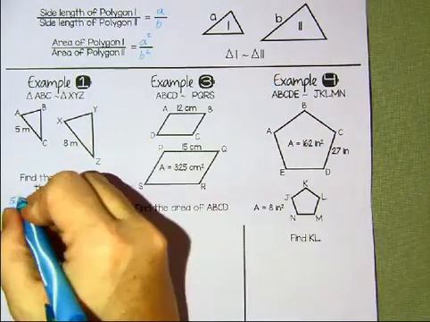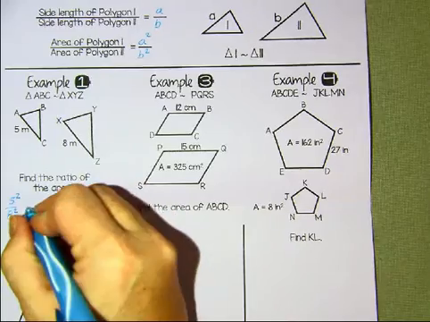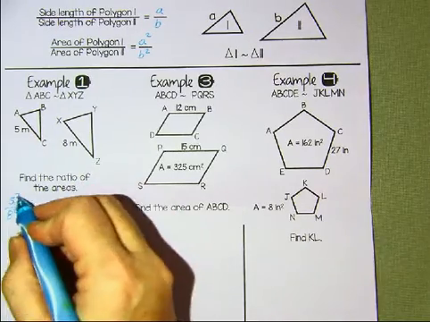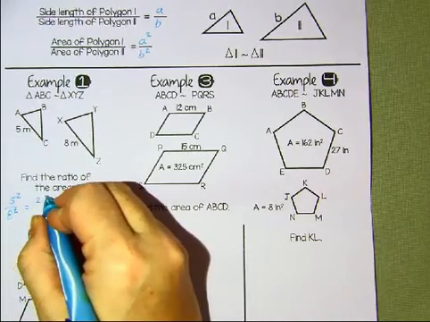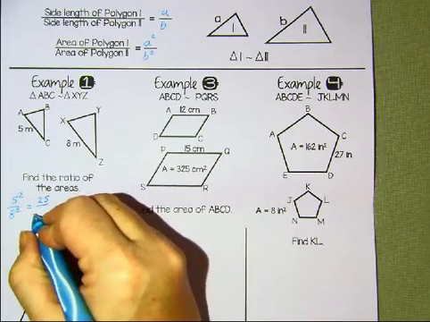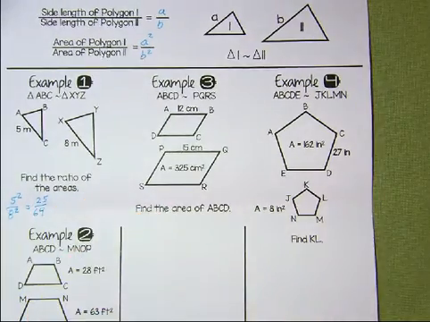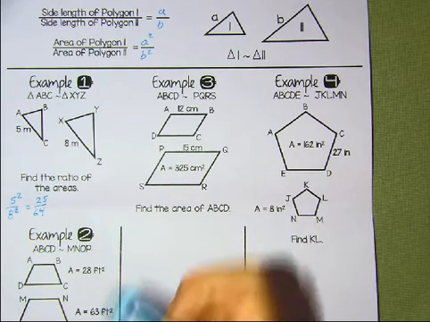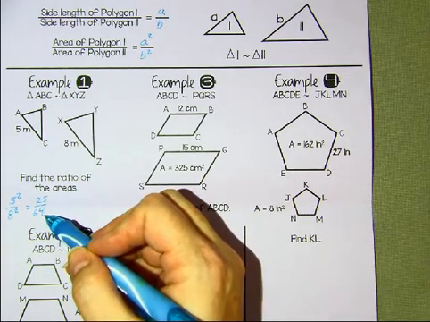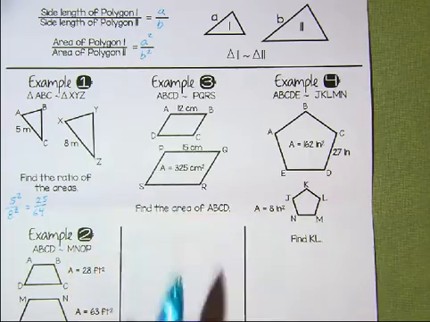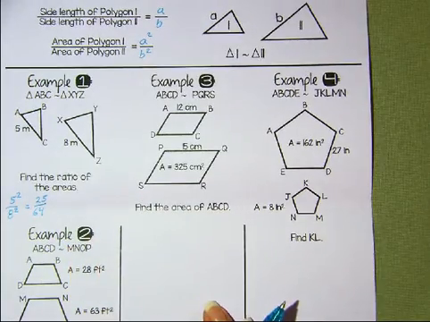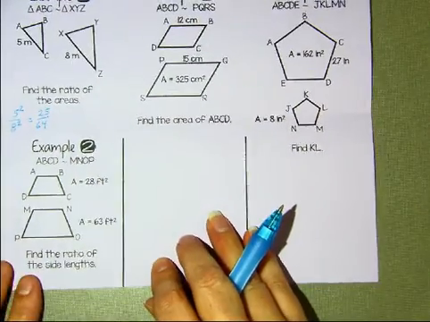So we're going to take 5 squared and 8 squared. 5 squared is 25. 8 squared is 64. So the ratio of our areas is 25/64.